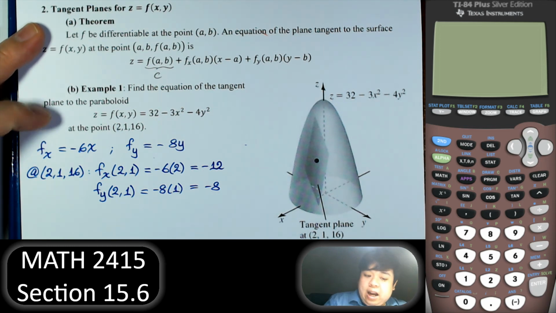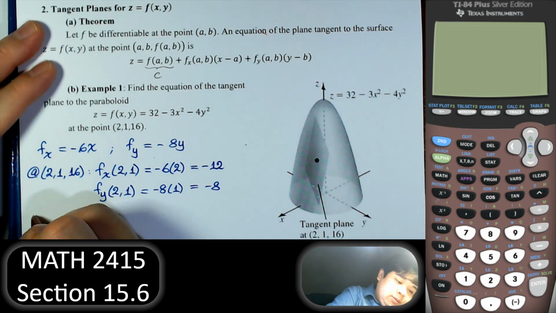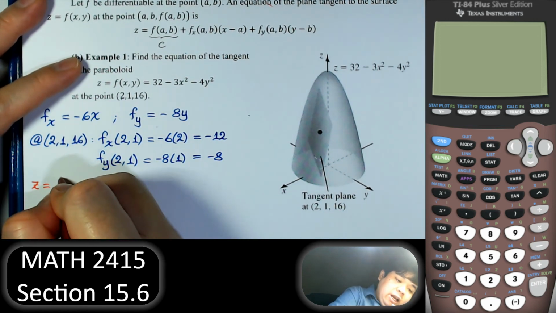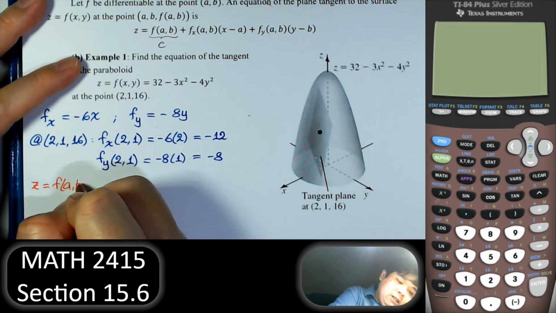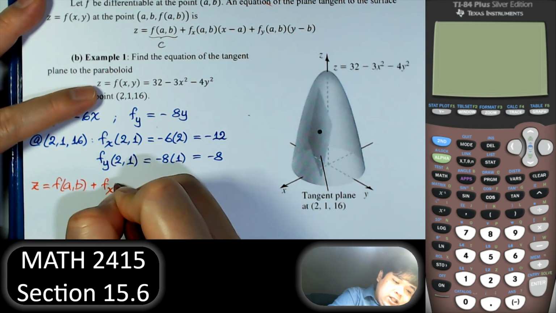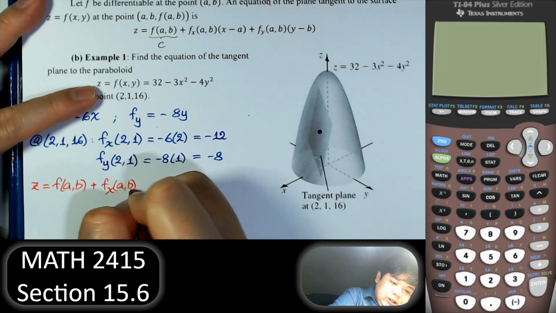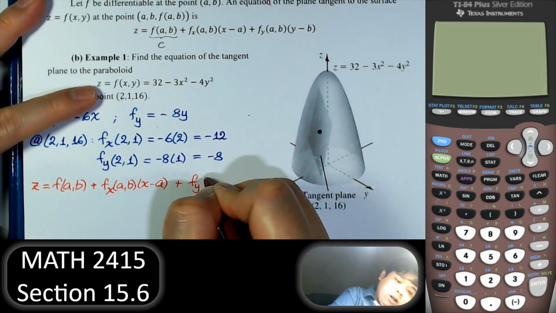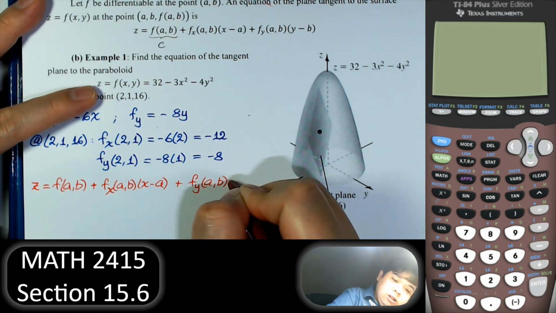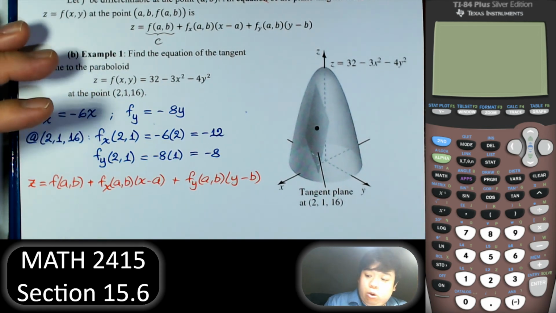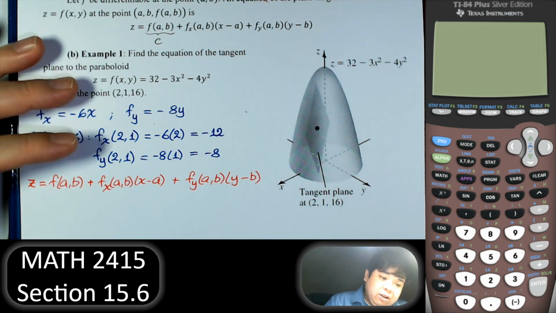Right, and then I will write the equation. z equal to f of (a, b) plus the derivative with respect to x times x minus a, plus the derivative with respect to y times y minus b. Right. Let's put in the point we have. What do we have?